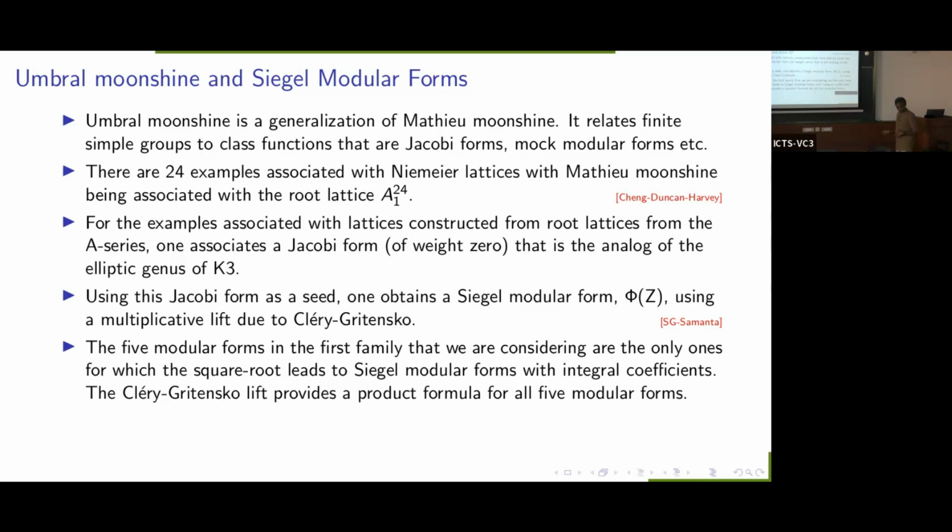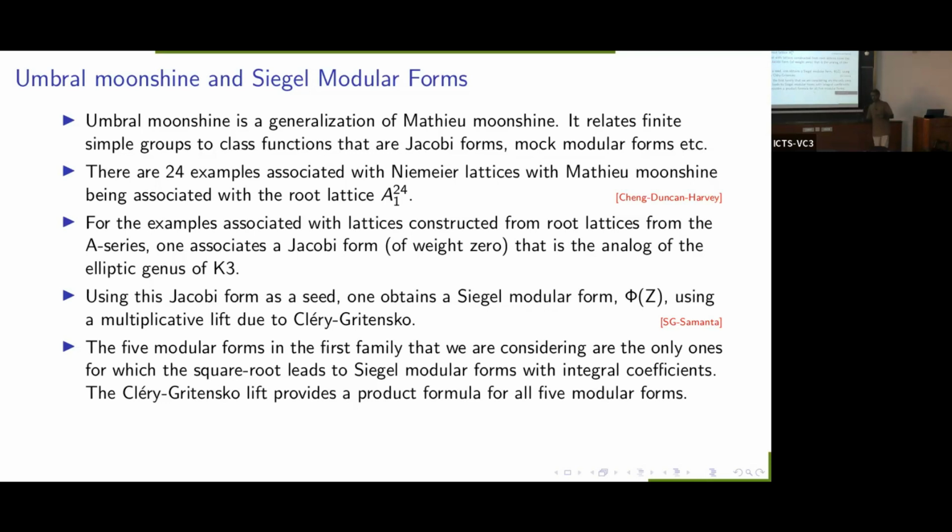Yeah. So this is not a talk on moonshine, but maybe I'll say a few words on umbral moonshine. Umbral moonshine is a generalization of Mathieu moonshine. What was Mathieu moonshine? It took a sporadic simple group called M24, and what we got from that was many objects: eta products, Jacobi forms, Siegel modular forms, and also mock modular forms.